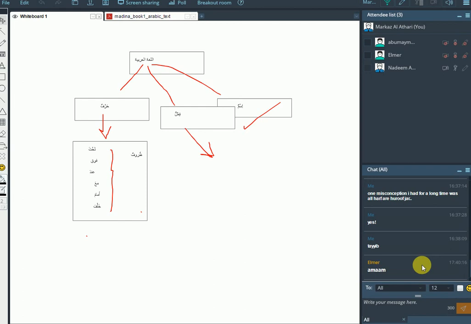You read, write, look, think, sit, walk, talk, drive, look. So all of those actions, the verbs, are known as the af'al.